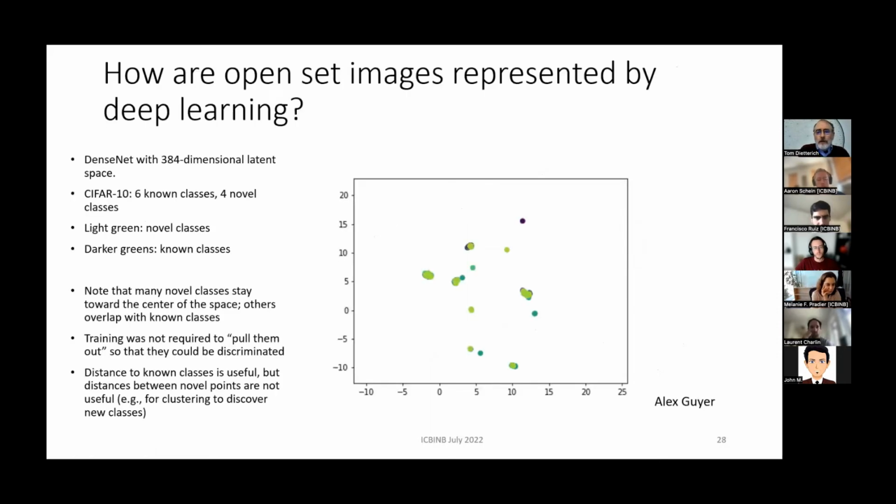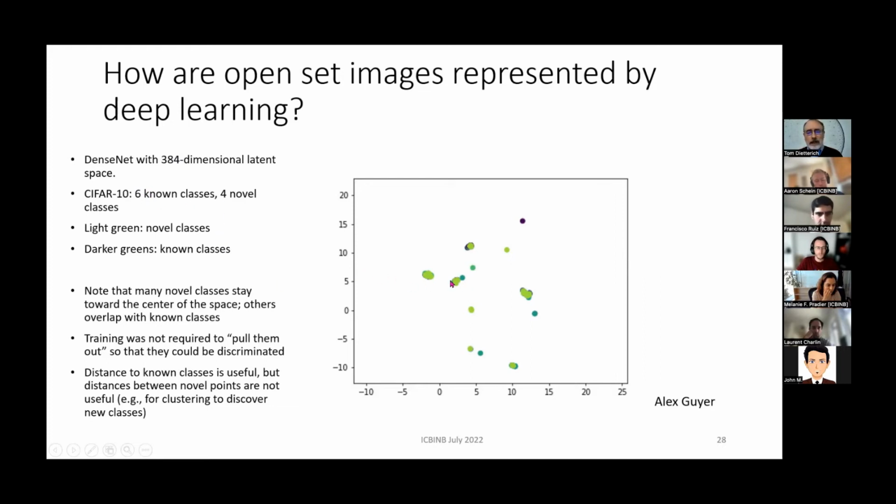Well, Alex and I decided to look at the representations that were being learned, because thinking about it abstractly in terms of distances or probabilities just wasn't giving us insight. We just wanted to visualize what's happening during the learning process. So Alex trained a DenseNet, which has only a 384-dimensional latent space, on CIFAR-10 data with 6 known classes and 4 novel classes.